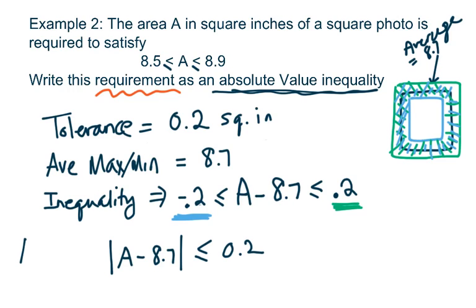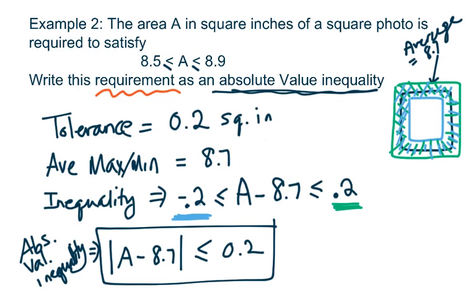So this is our absolute value inequality. We've got the absolute value sign, we've got the inequality sign. This is it right here.